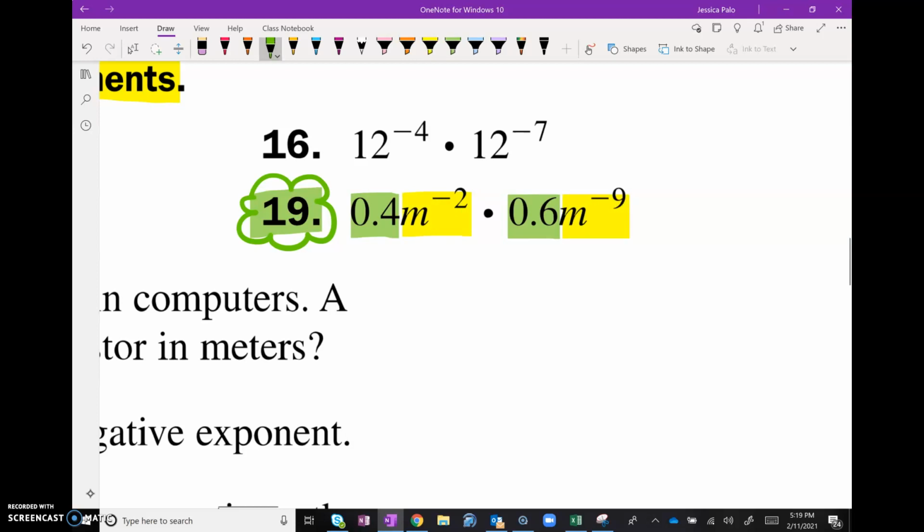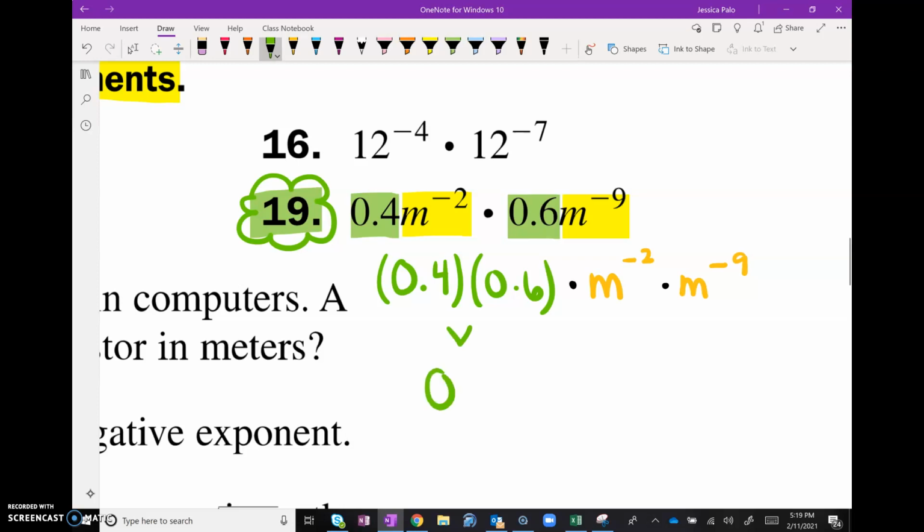So let's rewrite this in an order that makes it more simple to solve. 0.4 times 0.6, we're going to put them in the front, times m to the negative 2nd times m to the negative 9th power. First thing you want to do is multiply your coefficients. 0.24 times m to the negative 2nd times m to the negative 9th.